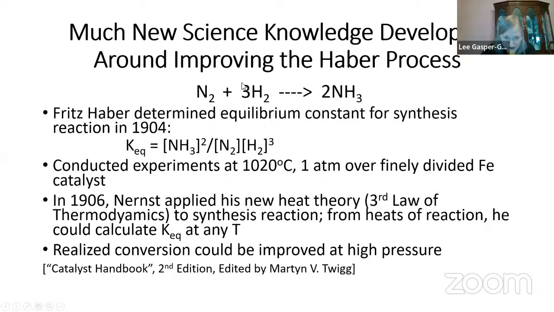So the reaction is going from 4 moles to 2 moles. Since that's the lesser number of moles on that side, when you put this under pressure, it's going to go more to the ammonia. So that's why they realized that they could improve the conversion at high pressure.